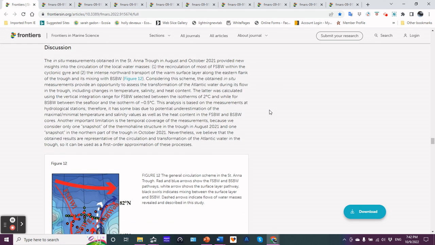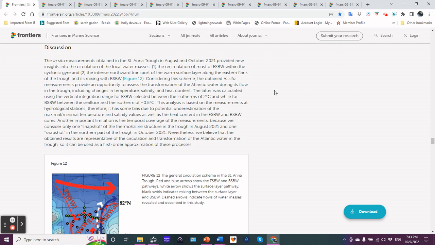The in situ measurements provided new insights into the circulation of the local water masses: one, the recirculation of most, not all, of FSBW within the cyclonic gyre, and two, the intense northward transport of the warm surface layer along the eastern flank and its mixing with the Barents Sea branch water.